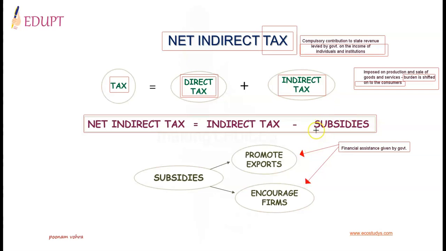Subsidies are deducted because here financial assistance is received. In the case of taxes, taxes are paid. So net indirect tax means how much net one has to pay. So one needs to find net indirect taxes by deducting subsidies from indirect taxes.